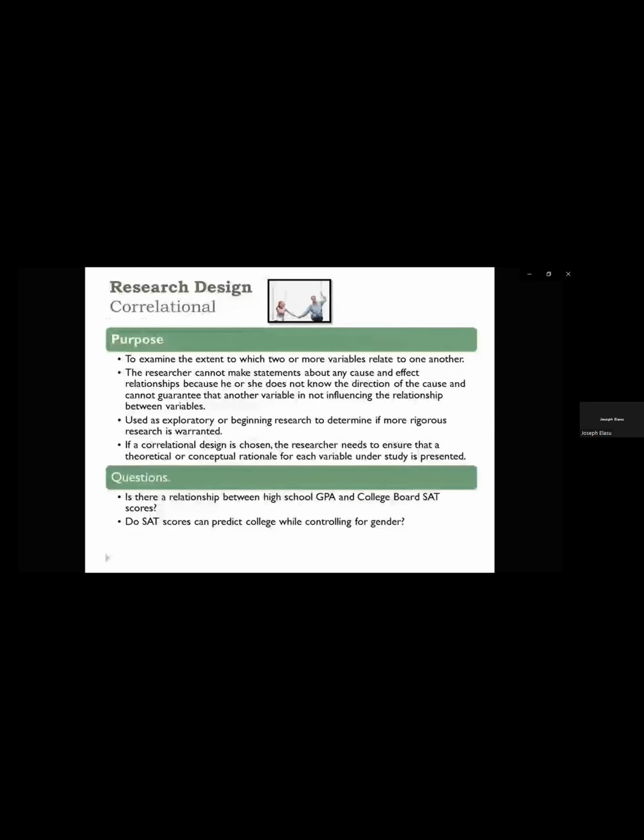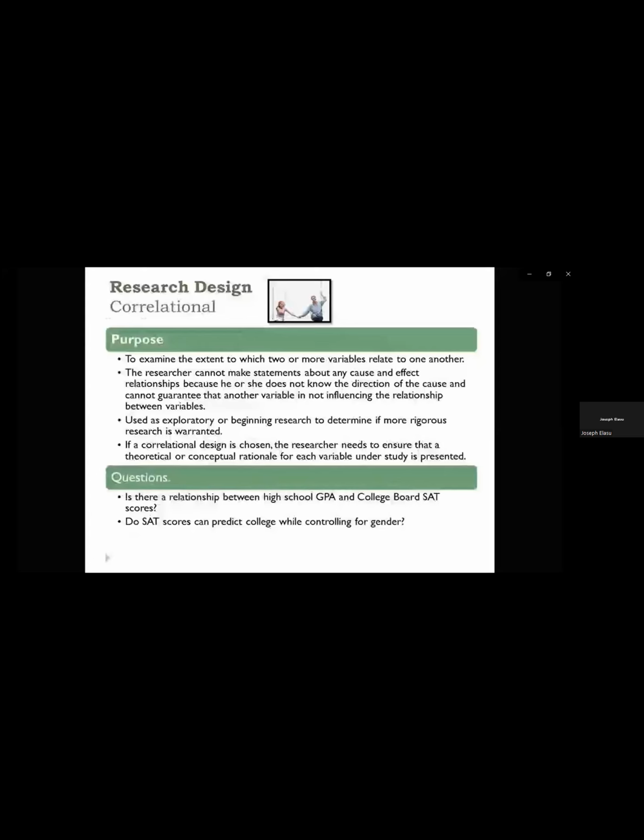Let me give you an example of what I mean by that. We know that there's been a lot of research on high school GPA and SAT scores, performance in college, and we've seen that not only does high school GPA predict SAT scores, but also gender and ethnicity.